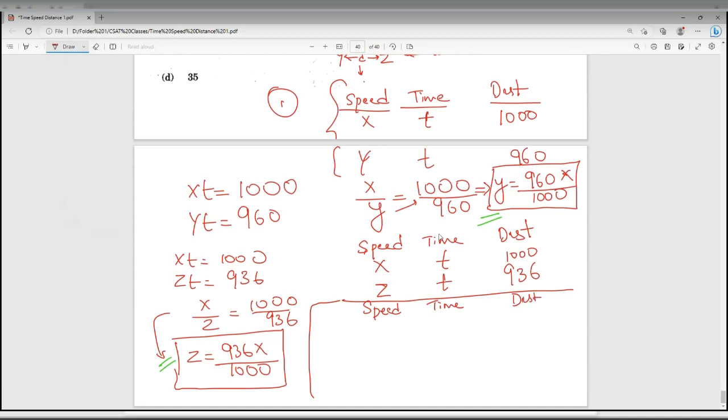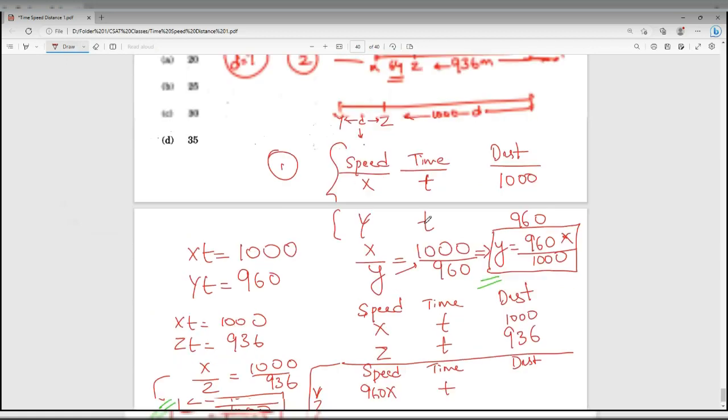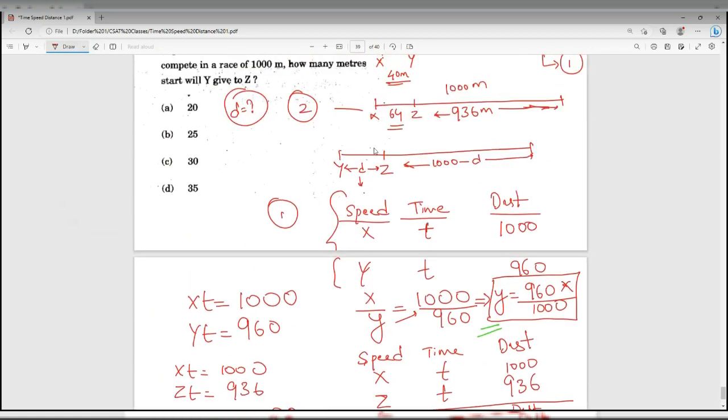So the speed is, we have x and y, x and z here, y and z, sorry, y and z. Y speed we have calculated as 960 x by 1000. T would be the same. Distance here, y would travel the total 1000 meters because he's starting from the starting point.